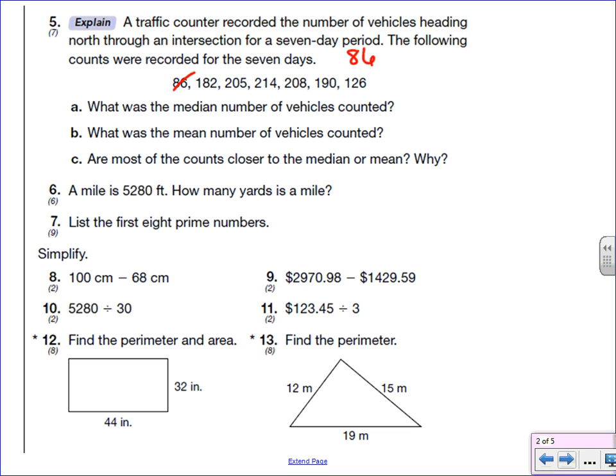and then 126, and then 182, and then 190, 205, 208, and 214.